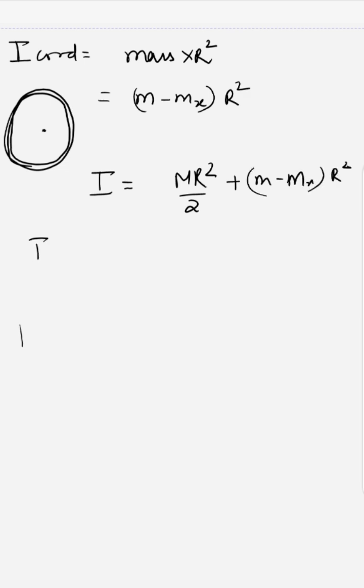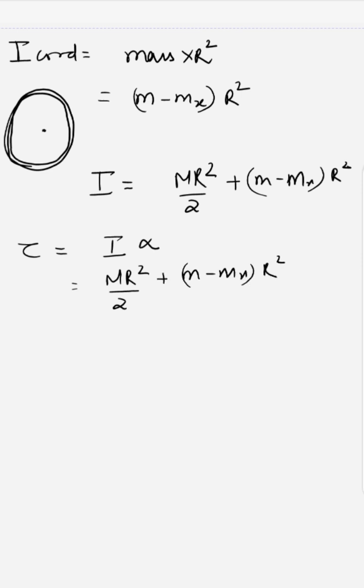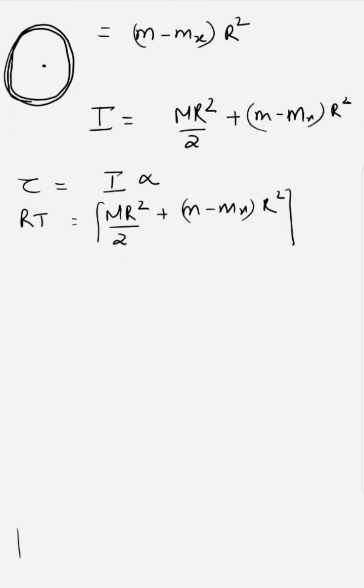Now we can write torque is equal to I alpha, where we can write (mr square by 2 plus (m minus mx) r square), and this torque is r into T, and alpha. So T we have got as, r square we can take common, so (m by 2 plus m minus mx) into what is left, divided by r.